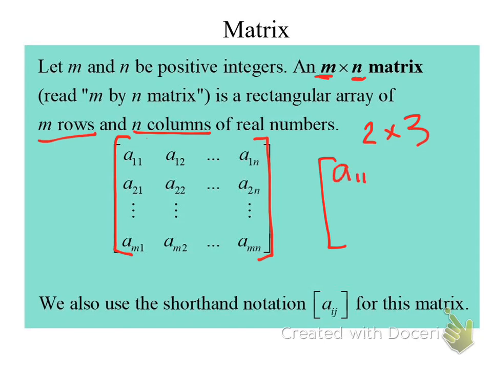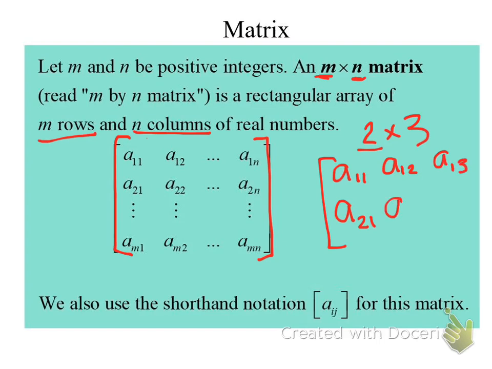a 1, 1, because the first number with the subscripts denotes what place it's in. The first one's going to tell me what row it's in, and the second number is going to tell me what column it is. So then I have 2 rows, so I would also have a 2, 1. But I have 3 columns, so we'll do this pattern for 3 columns. So I'd have a 1, 2, a 1, 3.